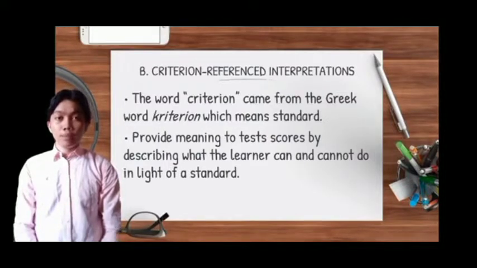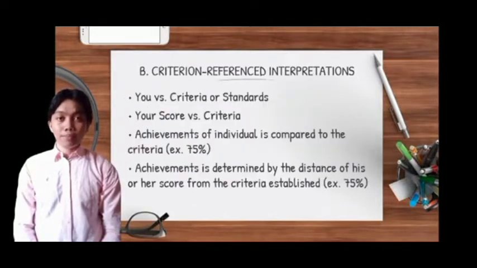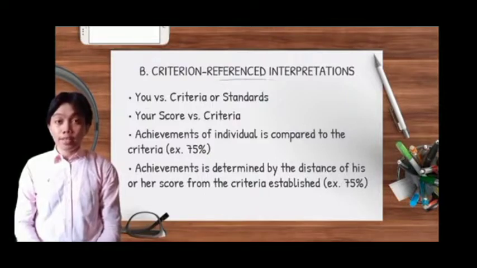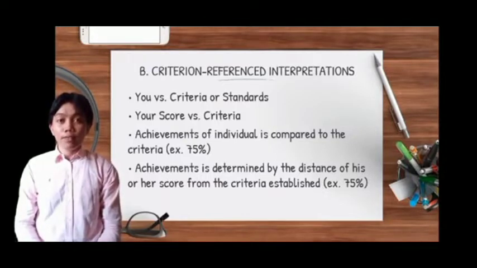Criterion-referenced interpretations provide meaning to test scores by describing what the learner can and cannot do in light of a standard. So basically, criterion-referenced interpretations mean you versus the criteria or standards, or your score versus the criteria, or the achievement of an individual is compared to the criteria.